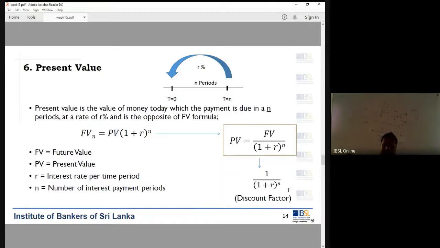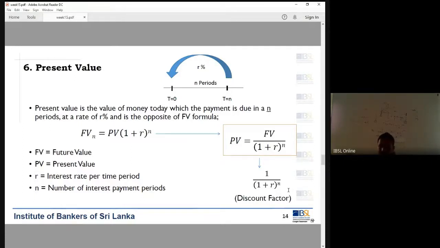A good example would be 10% for 1 year. If I calculate this factor, I get 1 divided by 1.1, which is 0.909090, so in mathematical terms we call it 0.9091. For 10% for a period of 2 years, I get 1 divided by 1.1 to the power of 2, which is 0.8264. For 3 years, 1 divided by 1.1 to the power 3 is 0.7513.